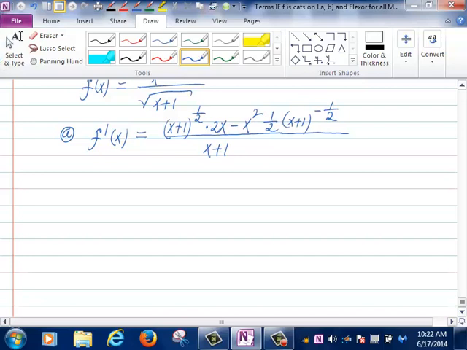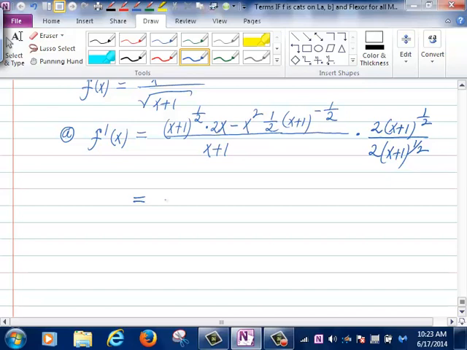There are a couple of different ways of simplifying this, but one easy way is, because I have that negative exponent there and the fraction half, if you just multiply by 2 times x plus 1 to the half, and also divide by 2 times x plus 1 to the half, it's going to simplify a lot.